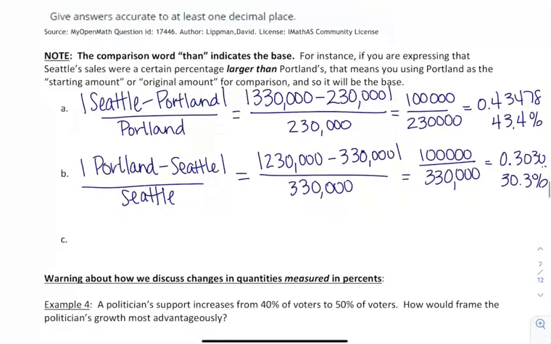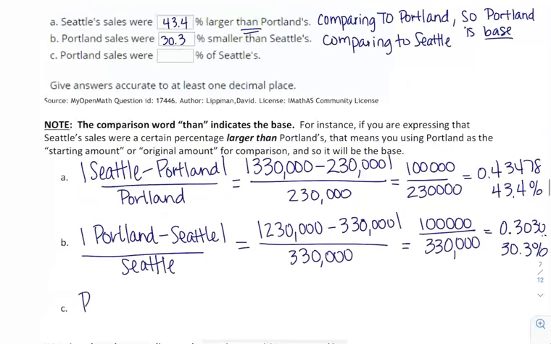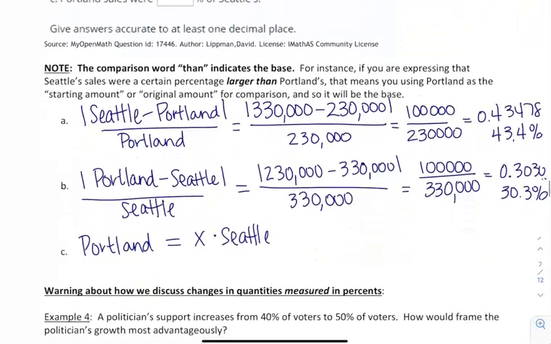But here, let's write this as an expression. Portland is some percent of, multiply, Seattle. So Portland is 230,000 and then Seattle 330,000.